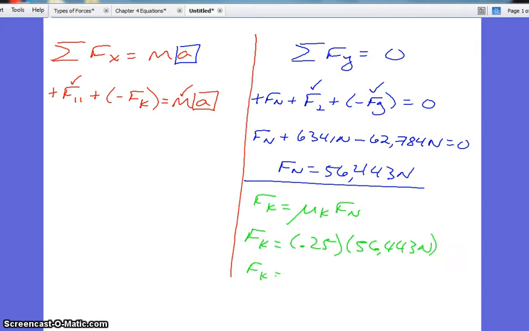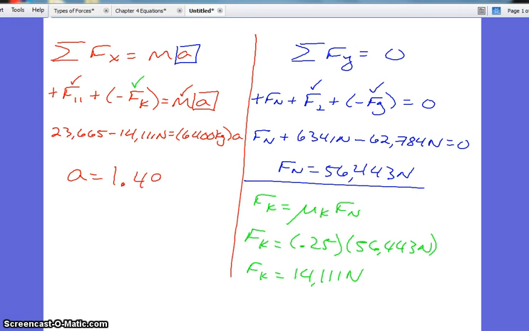We get the friction comes out to be 14,111 newtons. So now we know the friction, and that was the last piece in order to get the acceleration. So the parallel component is 23,665. The friction is 14,111. The mass is 6,400 kilograms, and we need to find the acceleration. We solve and we get the acceleration to be 1.49 meters per second squared.